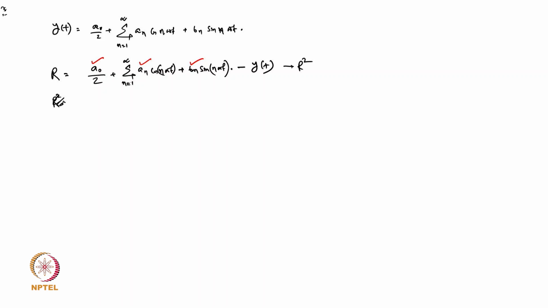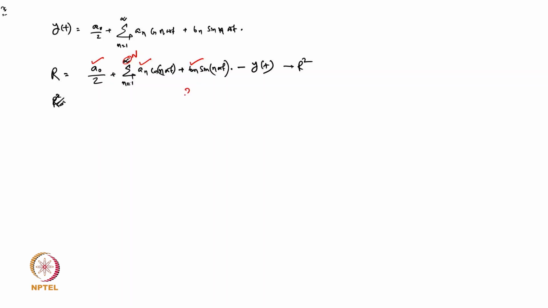If I go for n number of terms instead of infinity, how many unknowns are there? 2n plus 1. The unknowns will be 2n plus 1, because one unknown comes from a0 by 2, and the others are in two terms within n, an and bn. So we have to calculate 2n plus 1 unknowns.